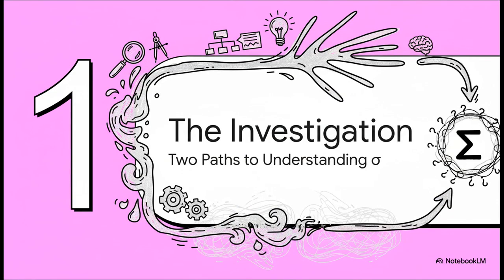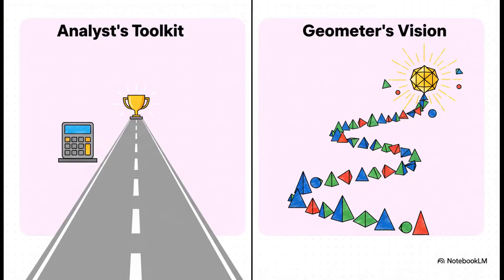So to get to the bottom of this, the research really laid out two totally different paths for us to follow, two ways of looking at the same problem. You can think of it like a detective story, right? We've got two separate lines of inquiry, and both are trying to find the truth about sigma. On one side, you have the analyst toolkit. This is the safe and reliable route.